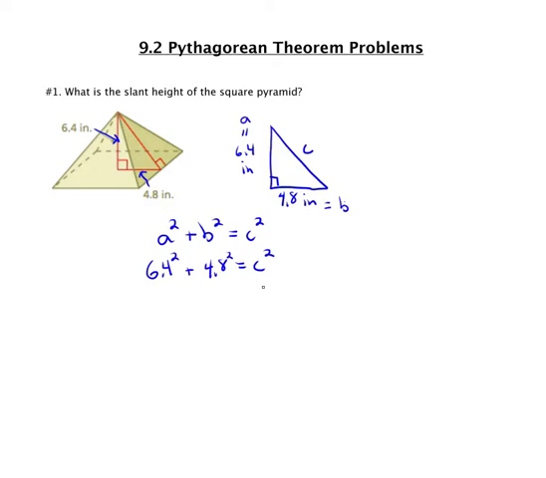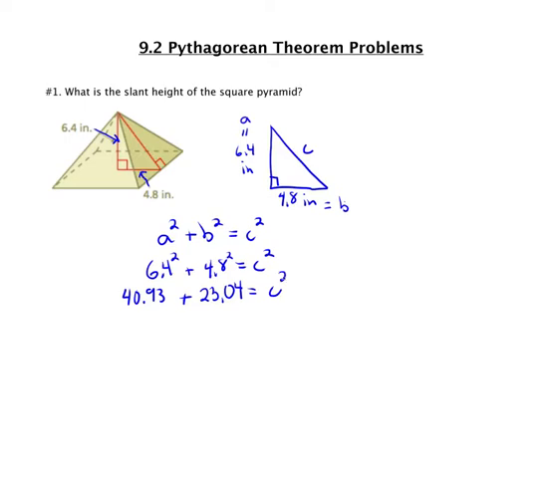So what we'll do in our calculator now, or we could do a little sideline math over here, but typically this is on the calculator section of tests, unless they're easier numbers, but these aren't that easy. So we'll multiply 6.4 times 6.4, which is 40.96, and 4.8 times 4.8 is 23.04.